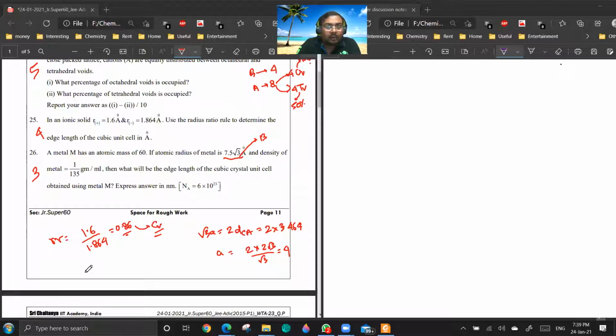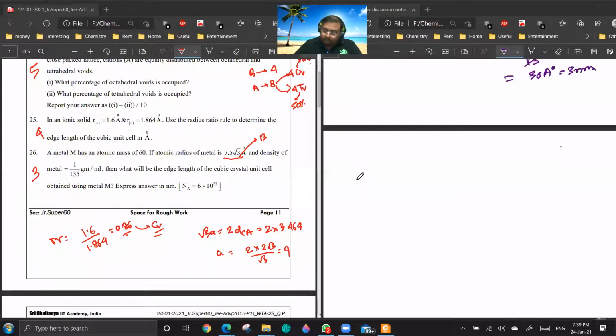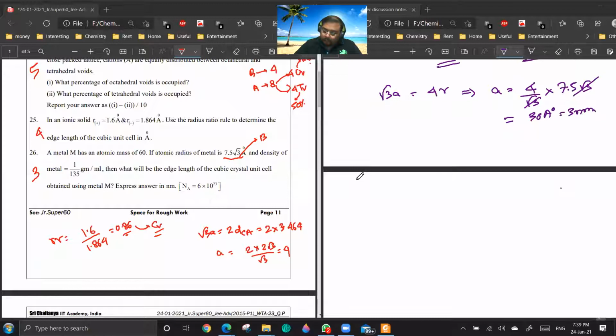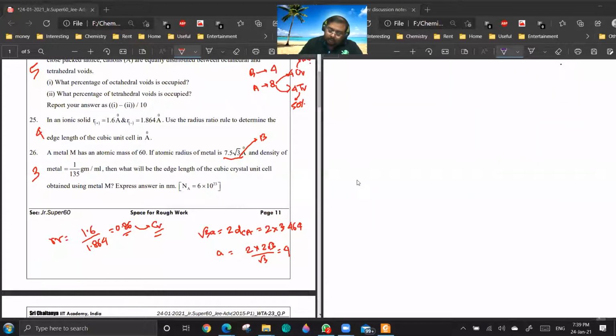There was a question where we were using A is equal to KR and doing that using the density equation, right? Now see, density equation is also based on packing fraction only. Is it clear? So I will just discuss that question, I will do it in front of you, so it will be easier.